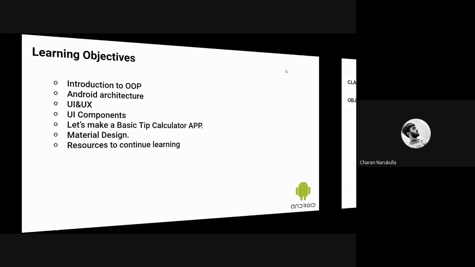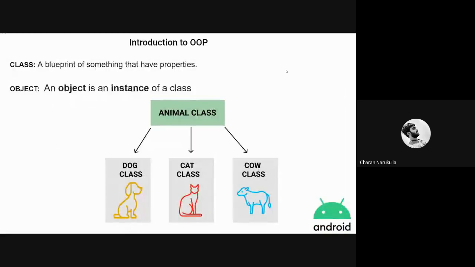So starting with some object-oriented programming, we need to understand two words here. One is class and one is object. Simply put, a class is a blueprint of something that has some properties. Suppose, let us say, different animals. Different animals have some properties in common, but their values might be different.